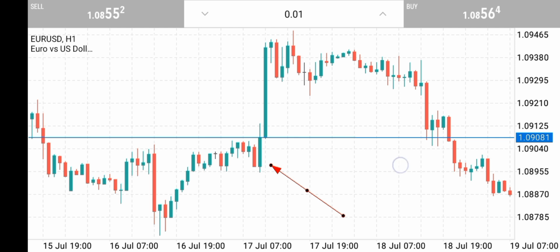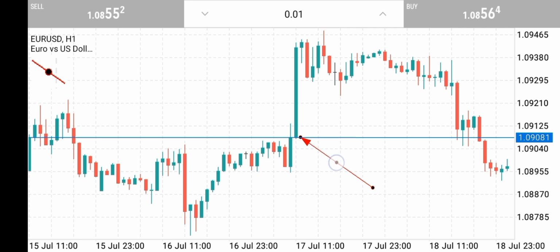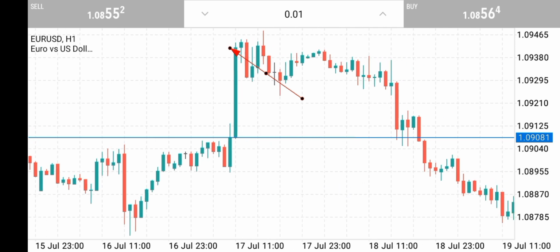So for example, right here, you entered a buy, you can set your take profit here, which means that when price gets here, your broker will close the trade for you in profit of whatever amount of money you set. So that is basically what a buy order simply means.